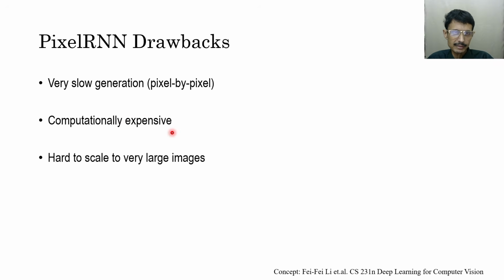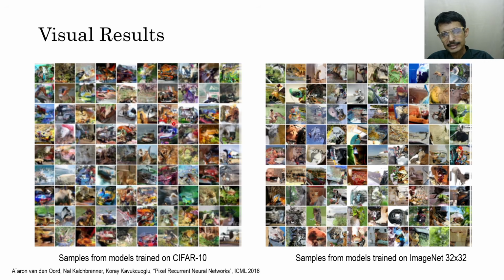It is computationally expensive and very hard to scale to very large images. Here we can show some examples from the CIFAR-10 dataset, where images are generated using PixelCNN, with samples from a model trained on ImageNet.